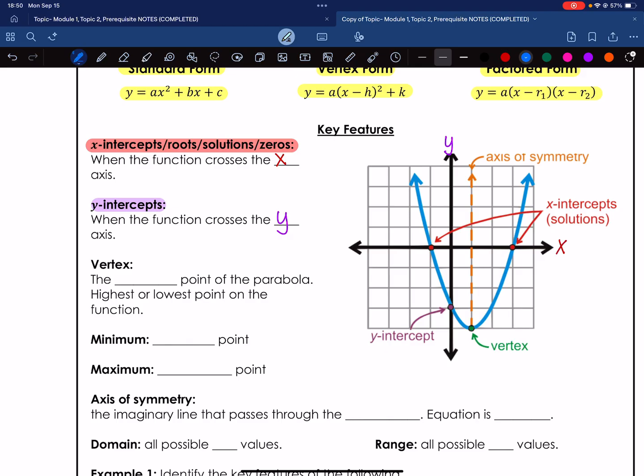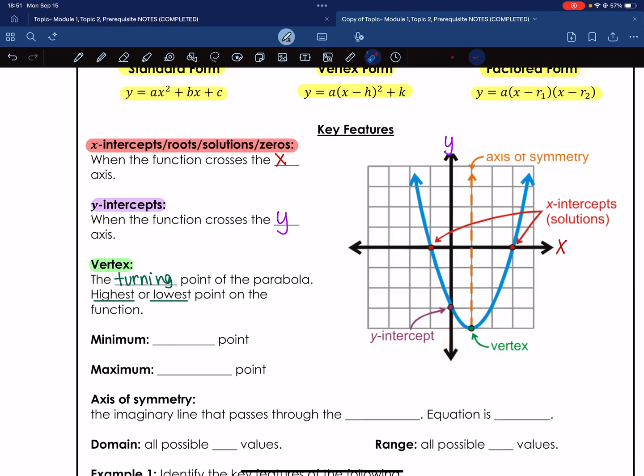Looking at the next one, it's talking about the vertex. The vertex is the turning point of the parabola, which is the highest or the lowest point on the function. So if we look here, this is our vertex.